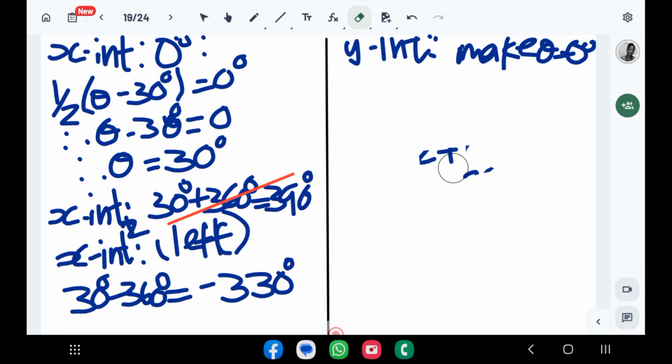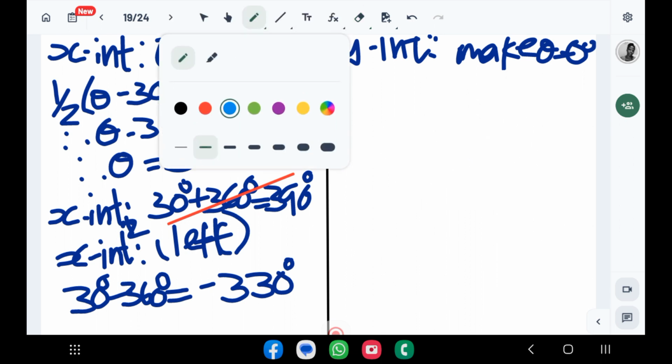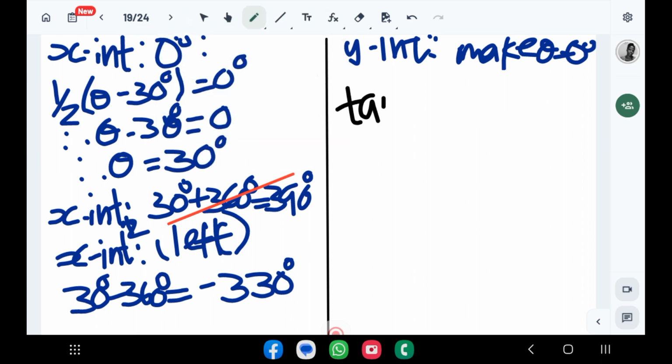That is the tan of half in bracket 180 minus 30 degrees.